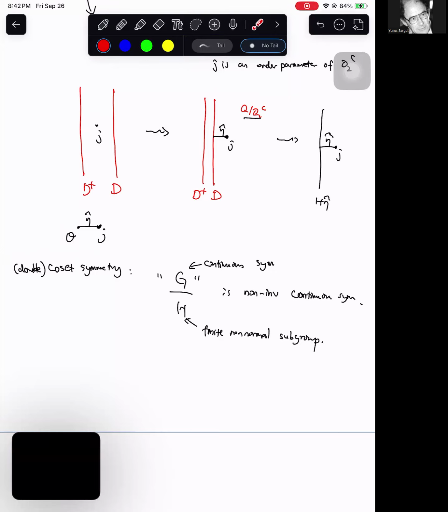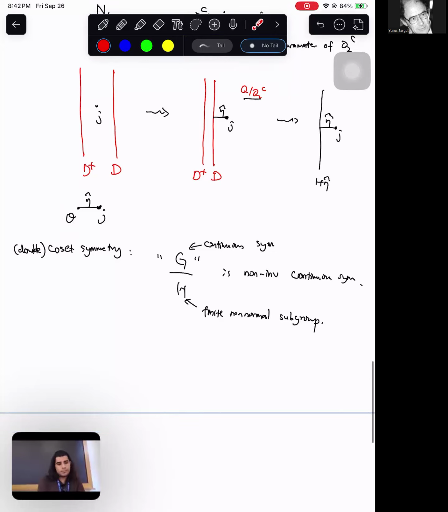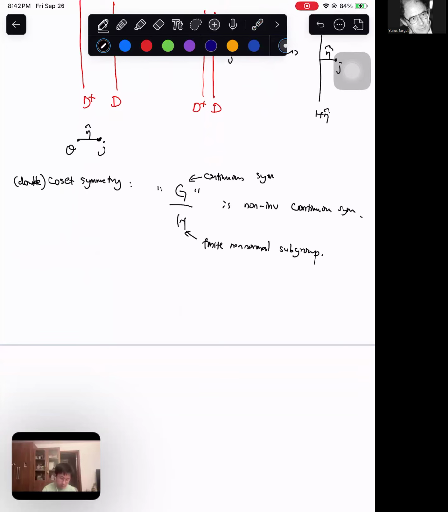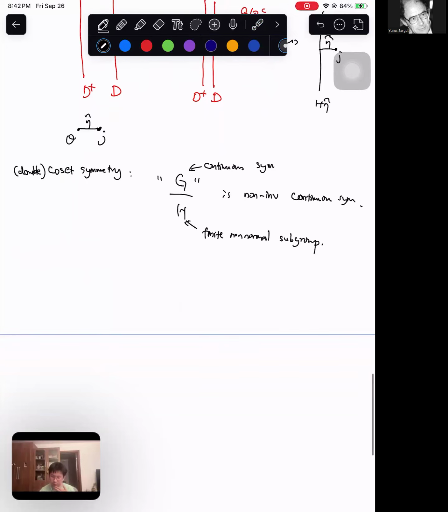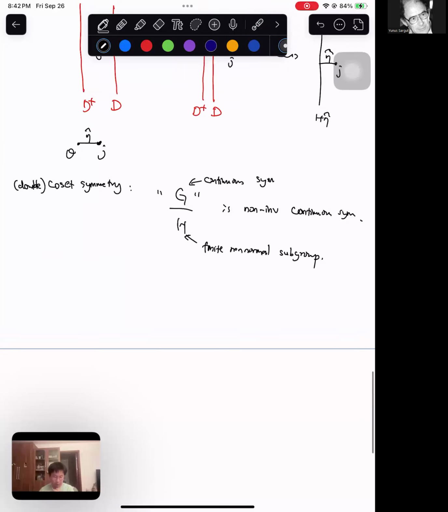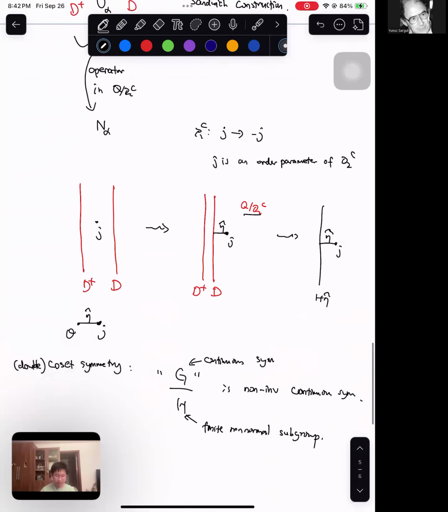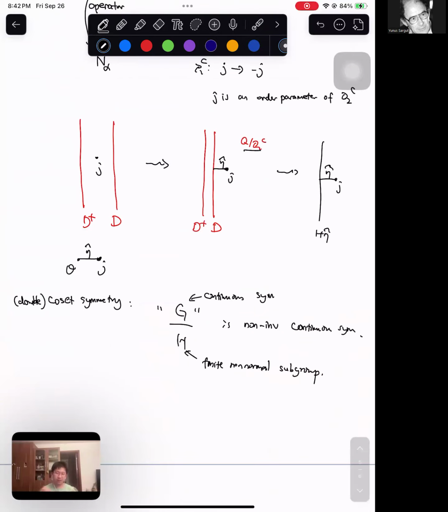I see. Okay. Good. Okay, so we see that we have a very systematic way to construct continuous non-invertible symmetry using this gauging construction.